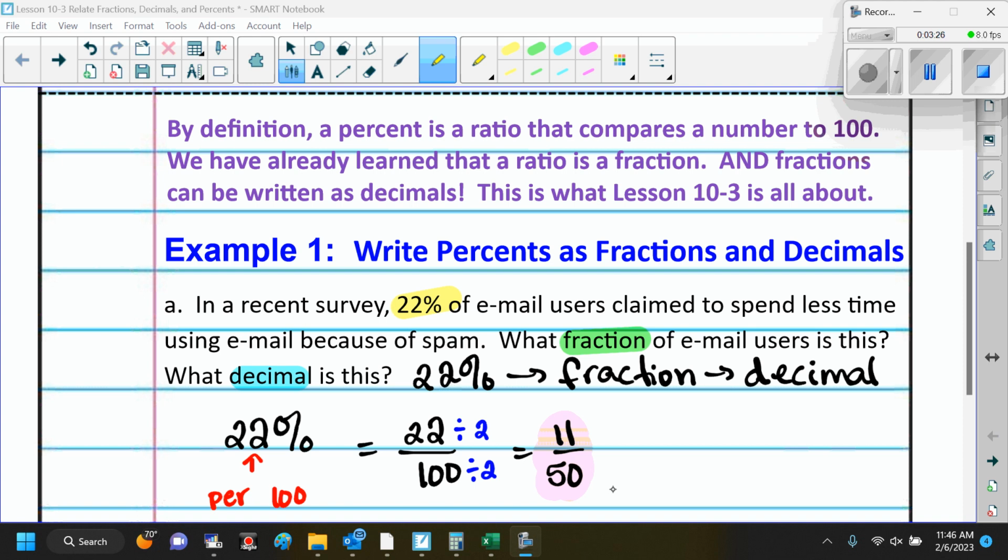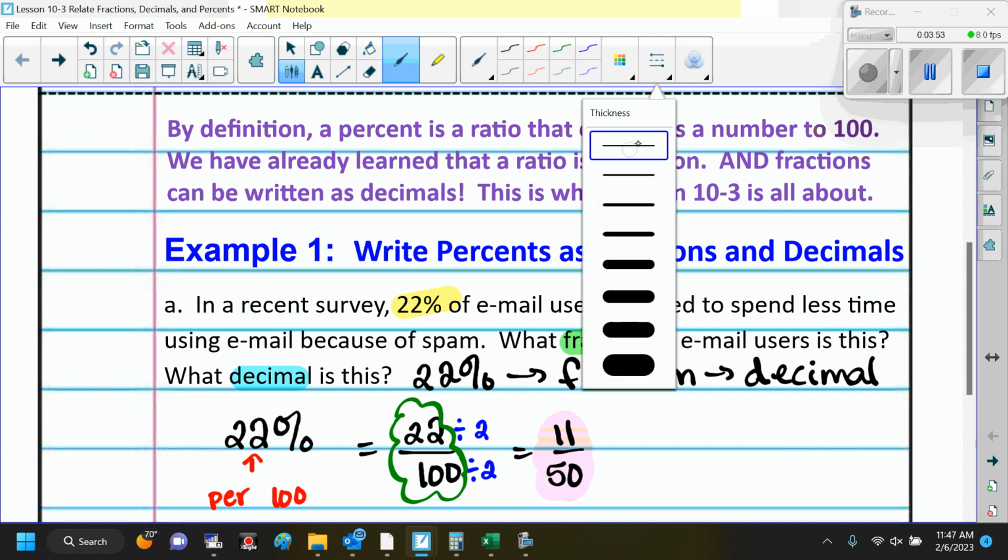Now, what we're going to do here is we're going to go back to what we've done previously. So I'm going to look at the fraction. We're going to look at the fraction, and the reason we're going to look at that fraction, 22 over 100, is because the 100 is one of the place values in a decimal. Is everyone with me?